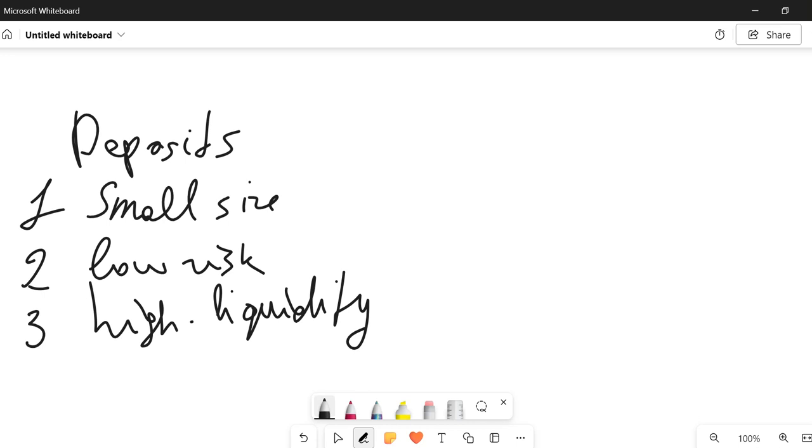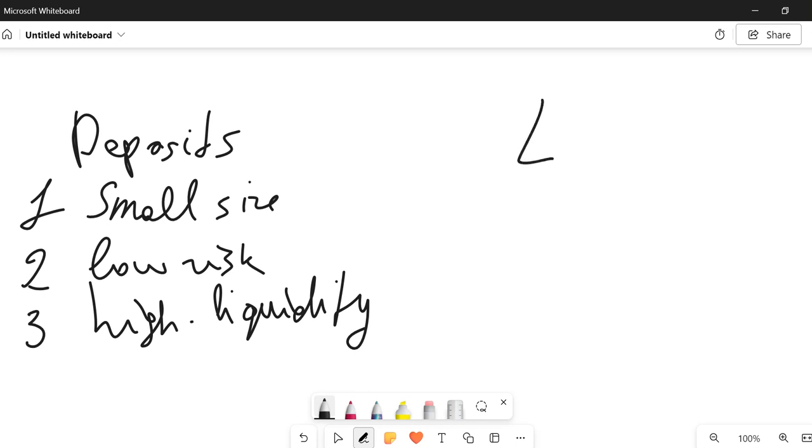Okay, in this case, depositors have low risk, but banks have higher risk because the bank invests or lends money to the companies in larger size.